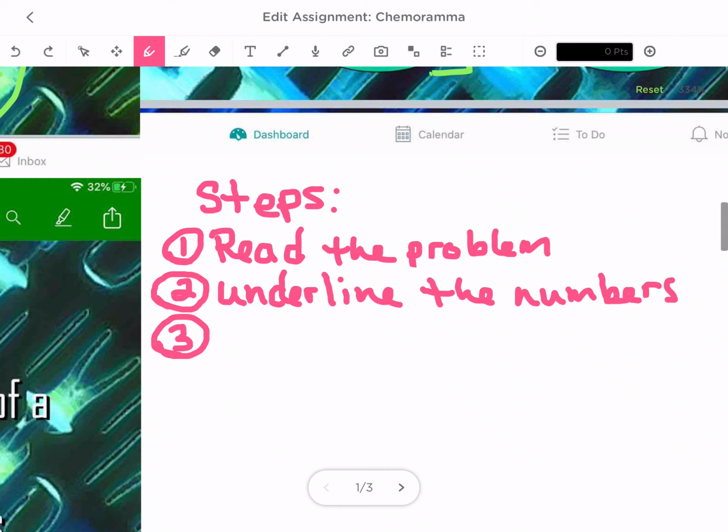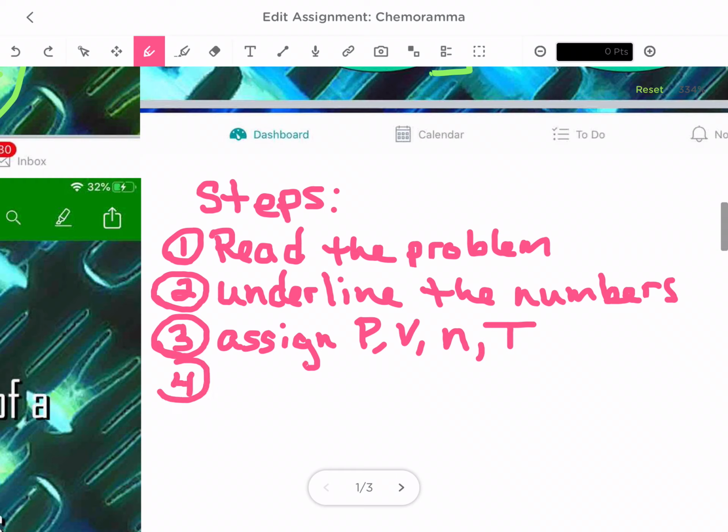Number 3, assign P, V, N, or T. In other words, say whether it's a P, a V, an N, or a T. I'll show you how to do it in a minute.